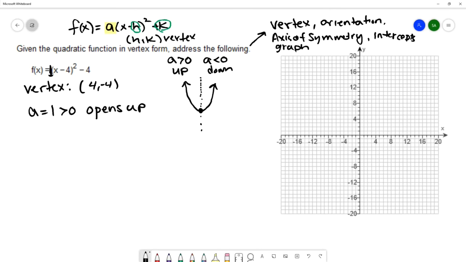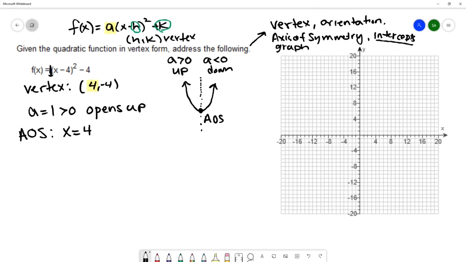So we call that line the axis of symmetry. It's a vertical line that passes through the vertex. So for this example, we're going to use the x-coordinate of the vertex, and the vertical line x equals 4 is the axis of symmetry.